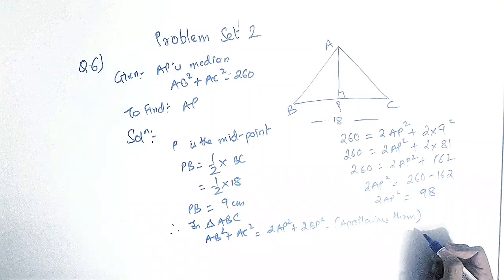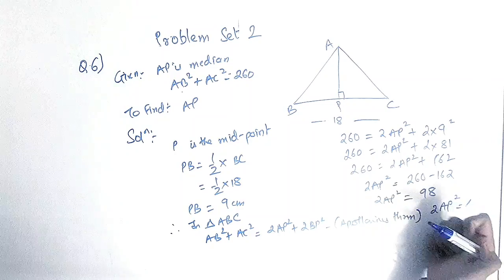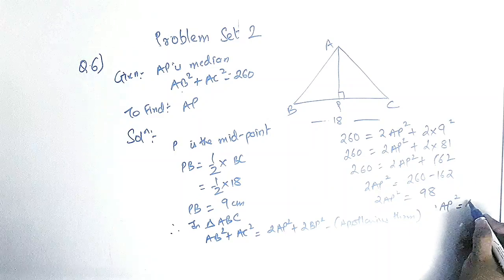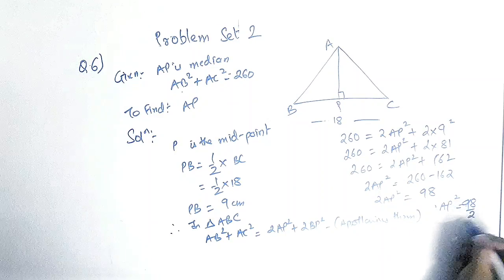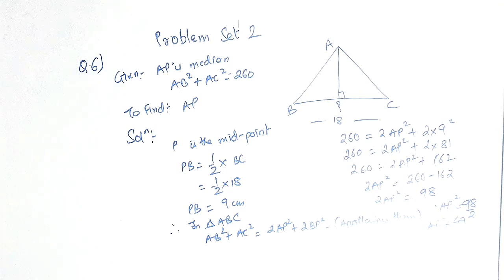So 2AP square is equal to 98, I'll send 2 there, it will become 98 upon 2. So AP square is equal to 49. Because AP square is 49, AP will become 7. So AP is 7. Centimeter is not given, so we'll just leave it as units.